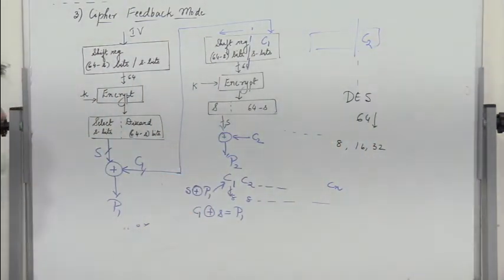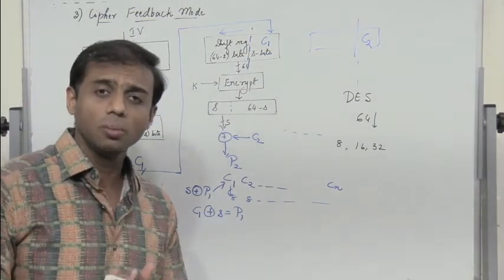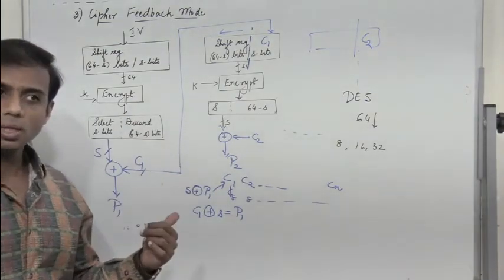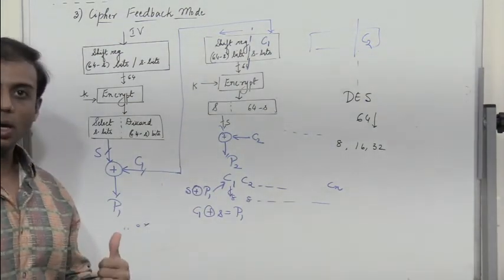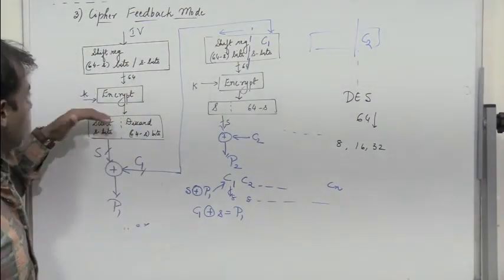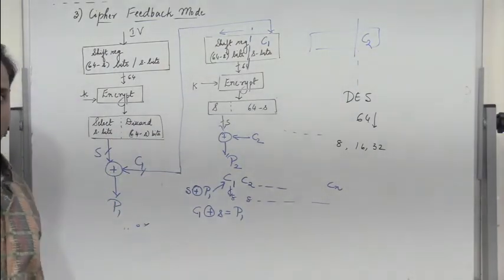So this is known as cipher feedback mode. One thing we need to remember is that in cipher feedback mode, both during encryption and during decryption at the destination end, we will only be using the encryption algorithm and not the decryption algorithm.